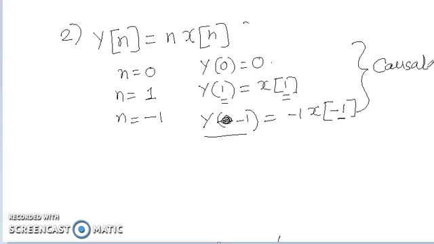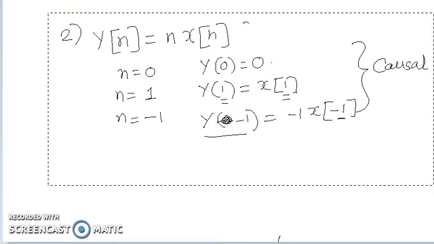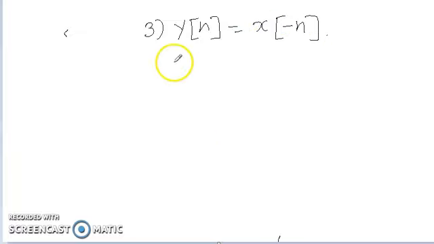Next, take the third example. Example number 3: y[n] is equal to x[-n]. What are we going to do first?